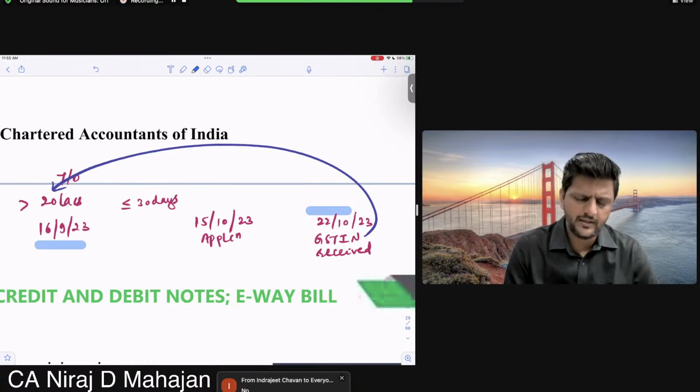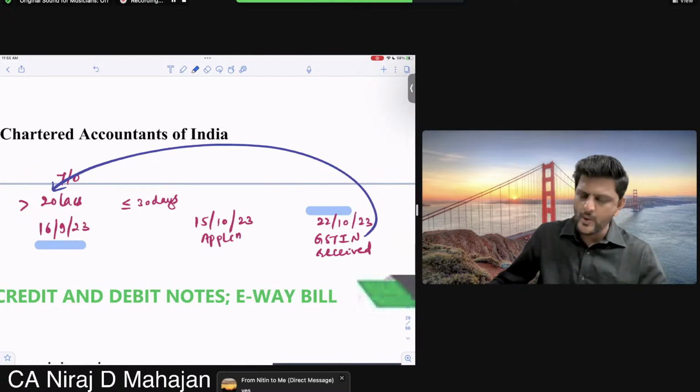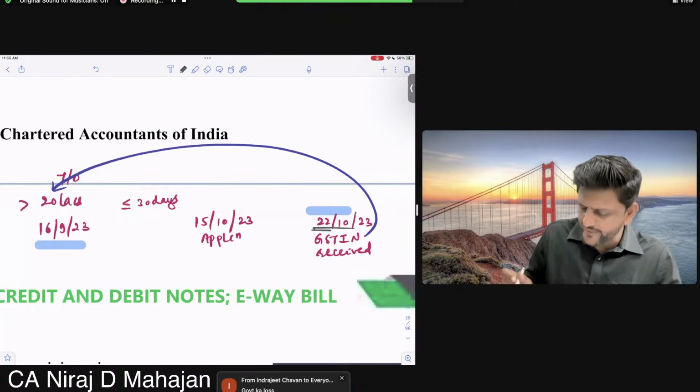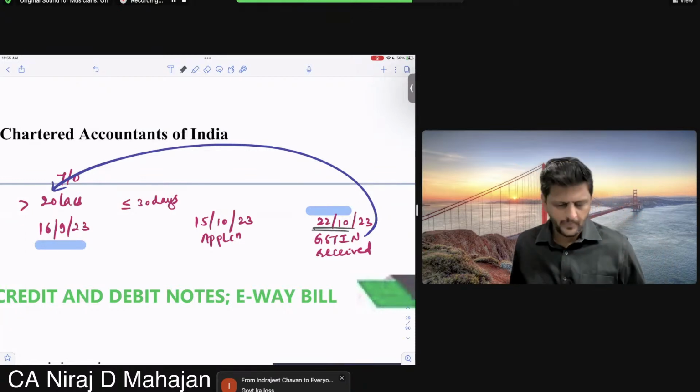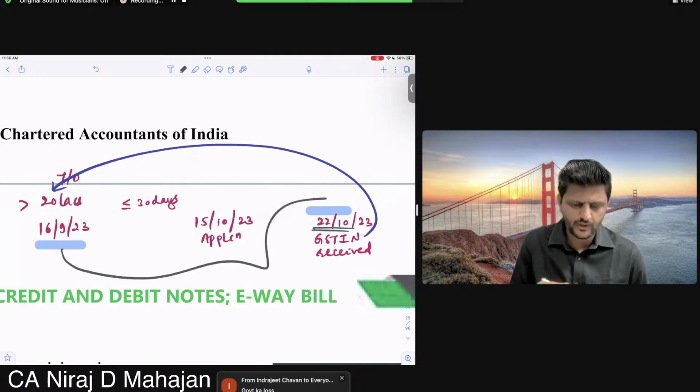So he did the supply, and like normal cases, whatever he was doing till now, he has issued normal invoices, regular invoices, बच्चो. Yes or no? Everybody? Done till here? So when he got the registration number on 22nd October, no loss, no. He will, what am I doing?